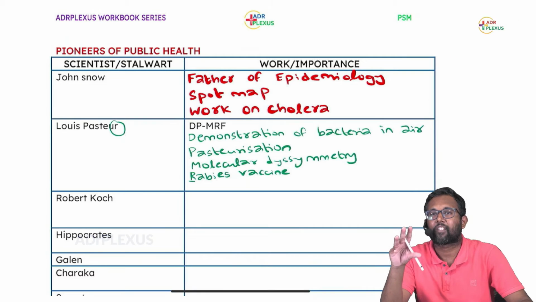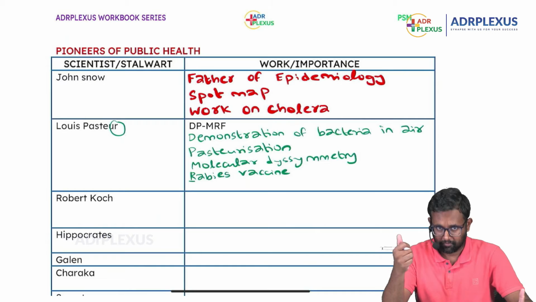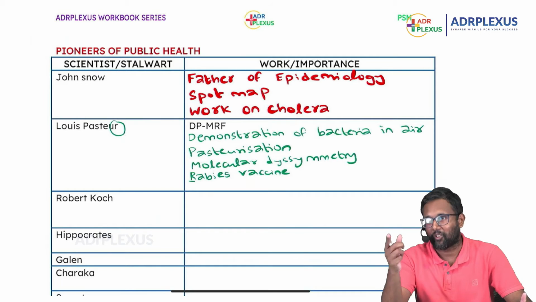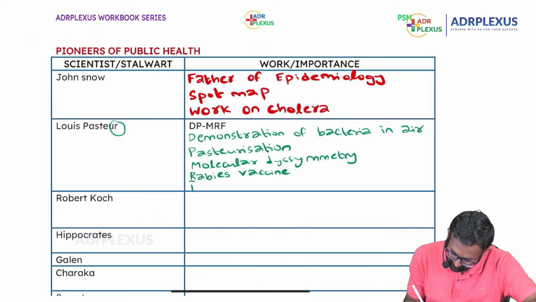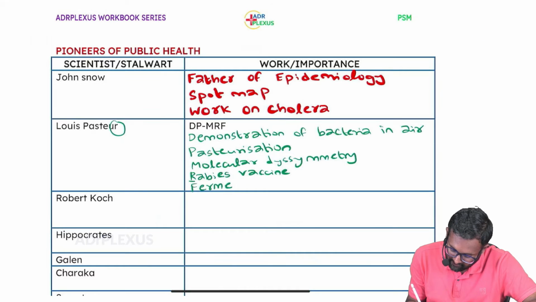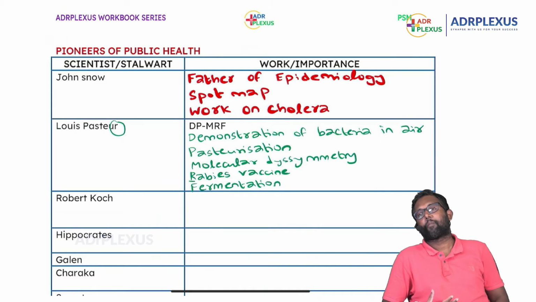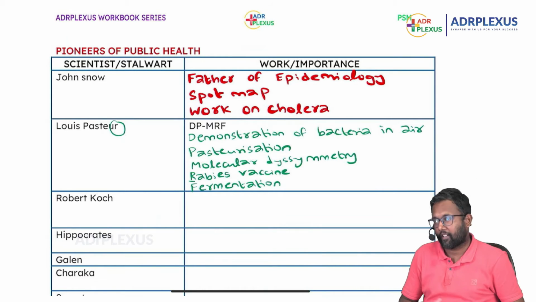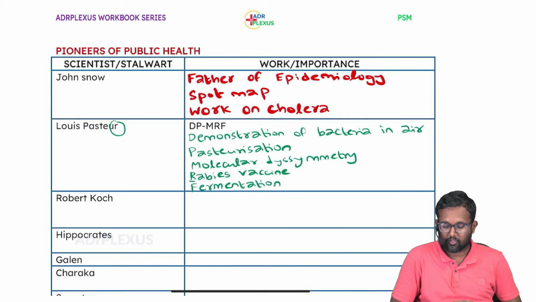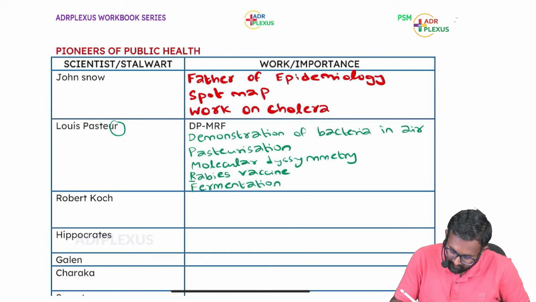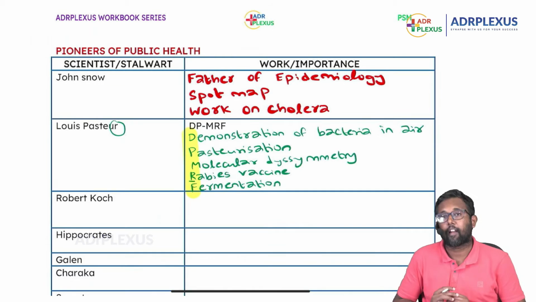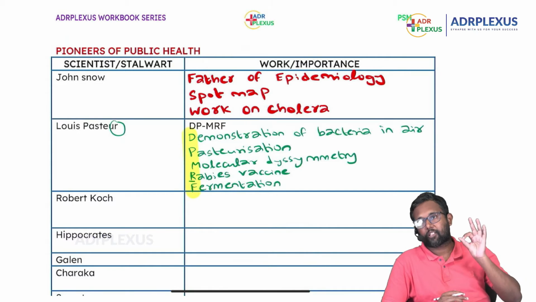It is something related with our dosai, idli, and even beer. Fermentation means the froth will come. Idli batter, dosa batter, fermentation. So this is called DPMRF. This is about Louis Pasteur.